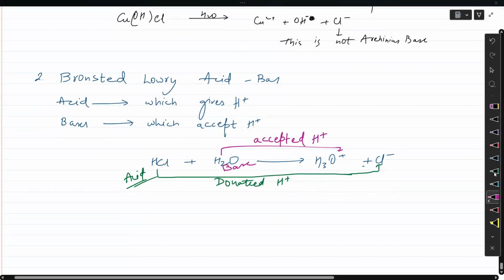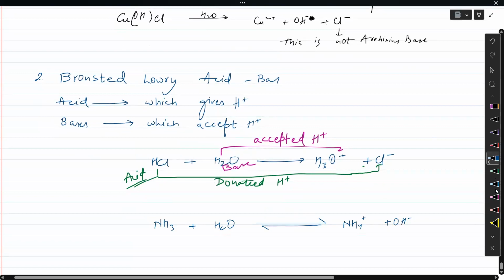Another example: we have a base NH3 reacting with H2O. It is in equilibrium, meaning HCl will completely dissociate but NH3 will not, and it will become NH4 plus and OH minus.